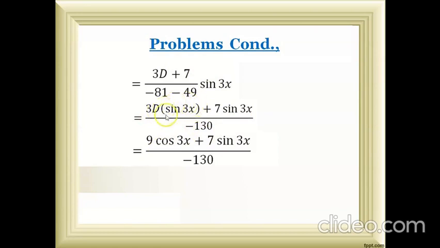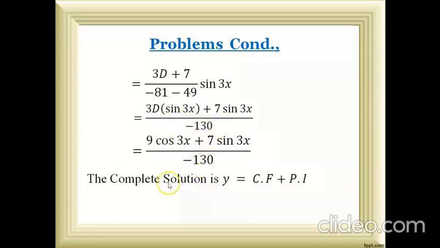Differentiation of sine 3x with respect to x is 3 into cos 3x. So 3 into 3 cos 3x becomes 9 cos 3x plus 7 times sine 3x, under the denominator value. So the complete solution is y equal to complementary function plus particular integral.